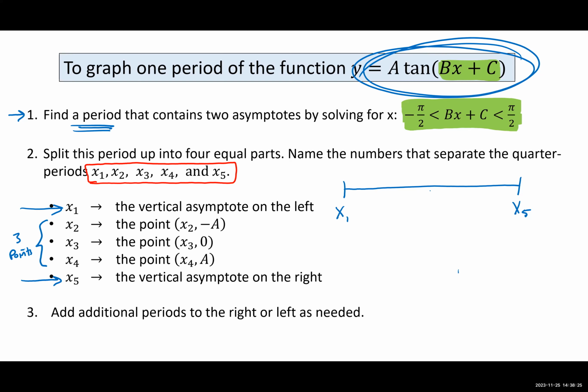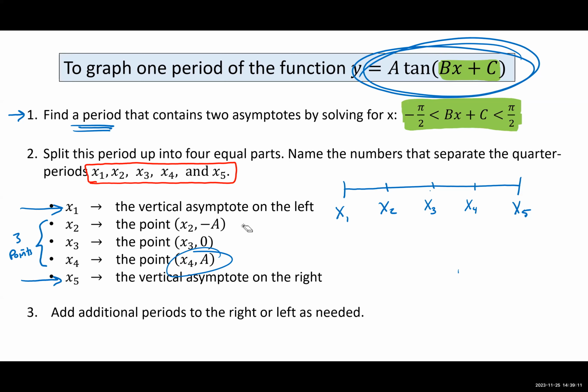We call that a change in amplitude, that value of A. So at x2, there's going to be the point x2 comma negative A, the A that's coming from the function. x3 is going to be the x-intercept, x3 comma 0. And then x4, if A is some number other than 1, that y value is going to be stretched, and that's going to be the point x4 comma positive A.